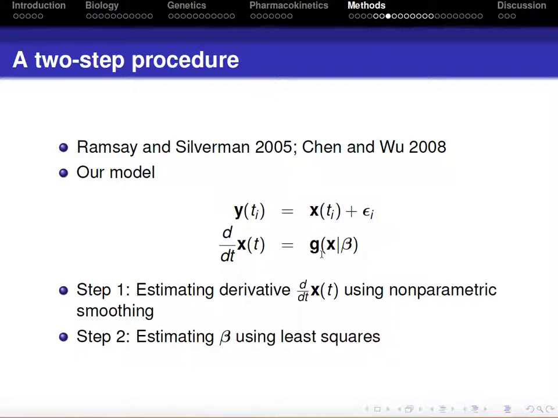So this is the second step. After we estimate the derivative, we can estimate beta by treating this as a regression problem, using least squares. Okay.